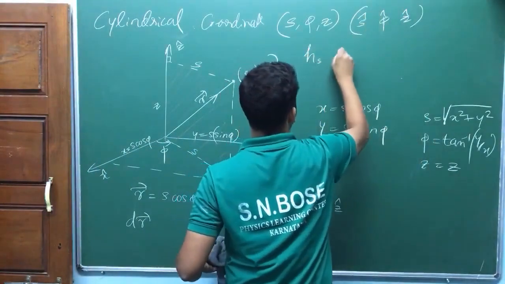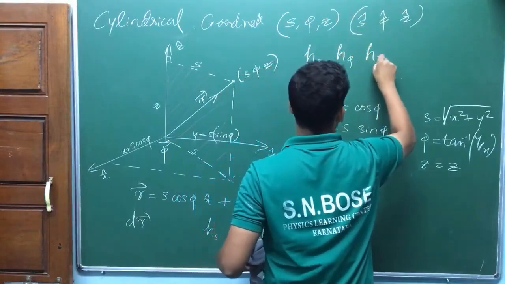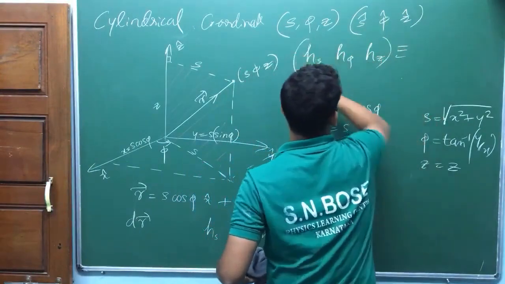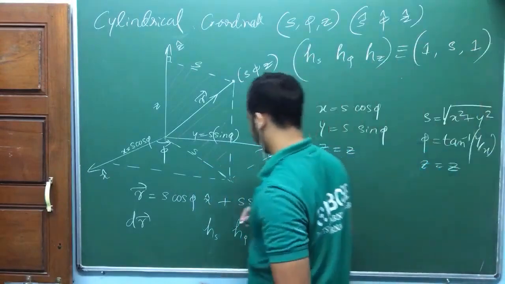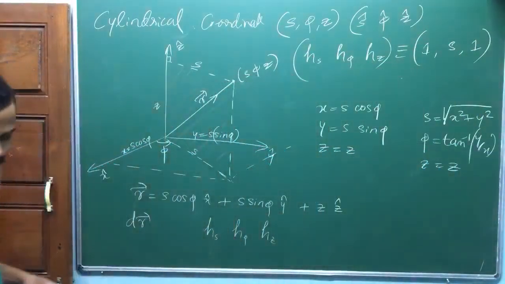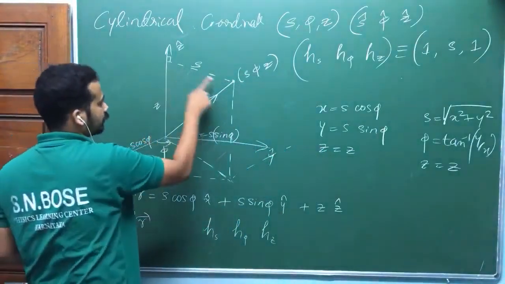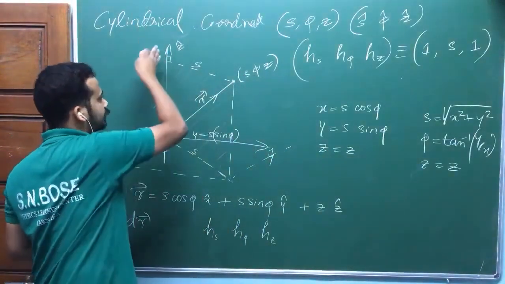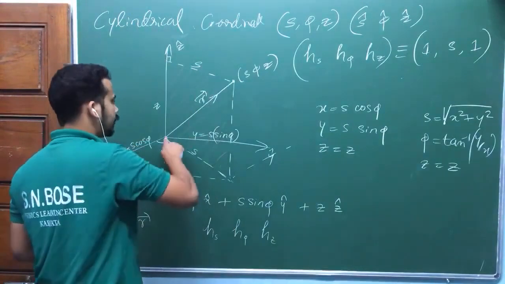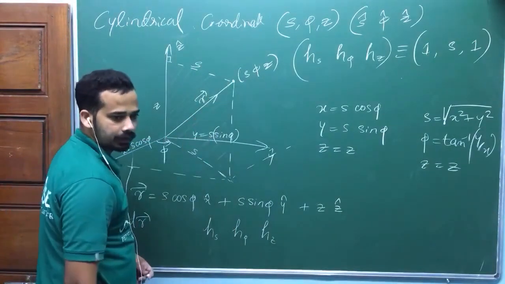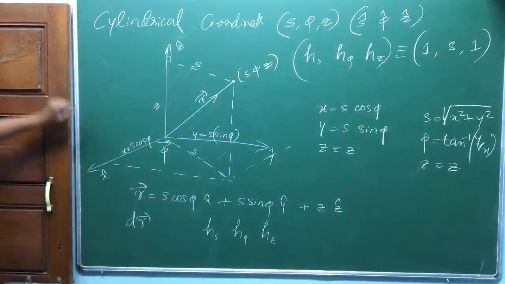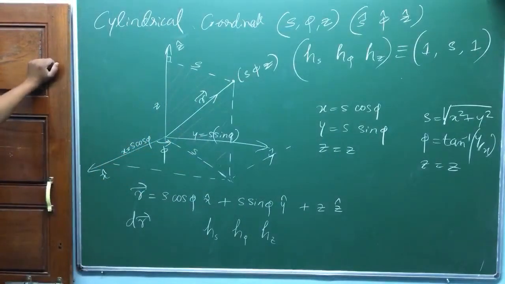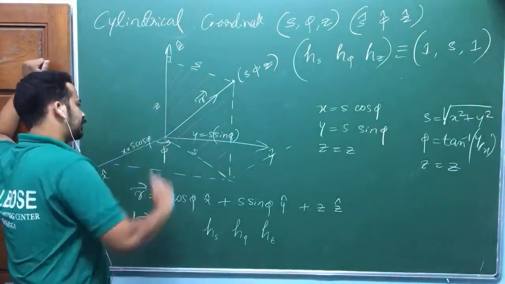Hs, h phi, hz are actually 1, S, 1. I think this S is sometimes called the axial distance. We take it as an axis. Just like we call this the radial distance, S is called the axial distance in many cases. Phi is the azimuthal angle. Z is z itself.